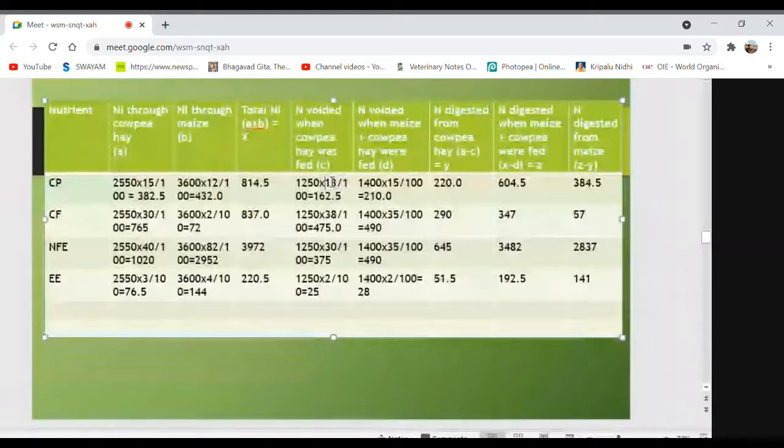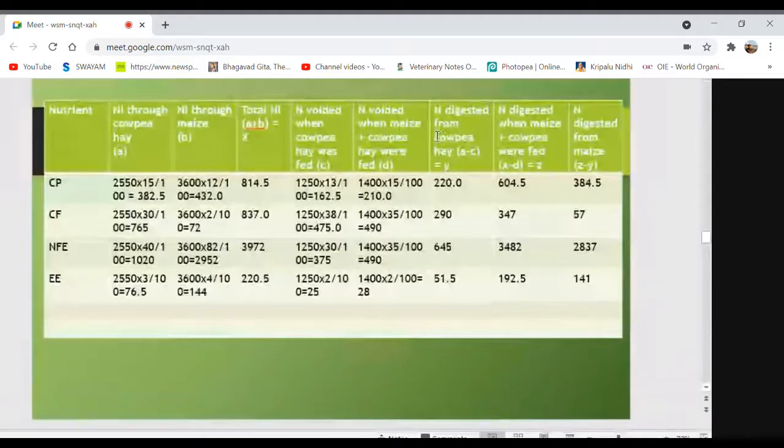So therefore, we can calculate nutrient voided in the second digestion trial through the feces. This is nutrient voided in the first digestion trial. Now, nutrient digested from cowpea hay in the first digestion trial.